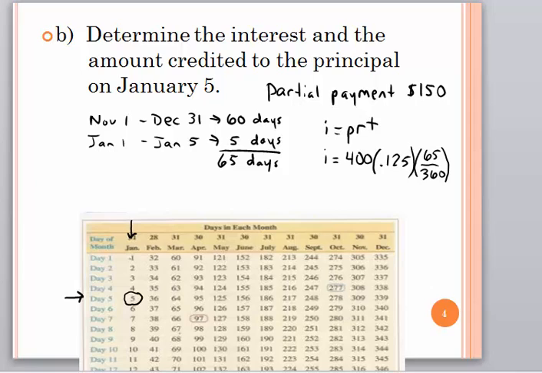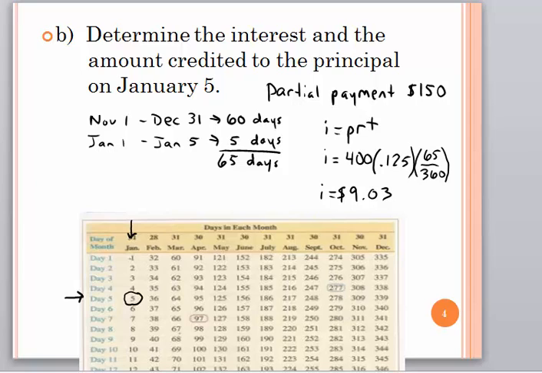So 65 over 360 gives us the portion of the year that we are at on January 5th. And so we're going to multiply these three together, and we're going to end up with $9.03. And that is our interest that has accumulated after 65 days of the loan.